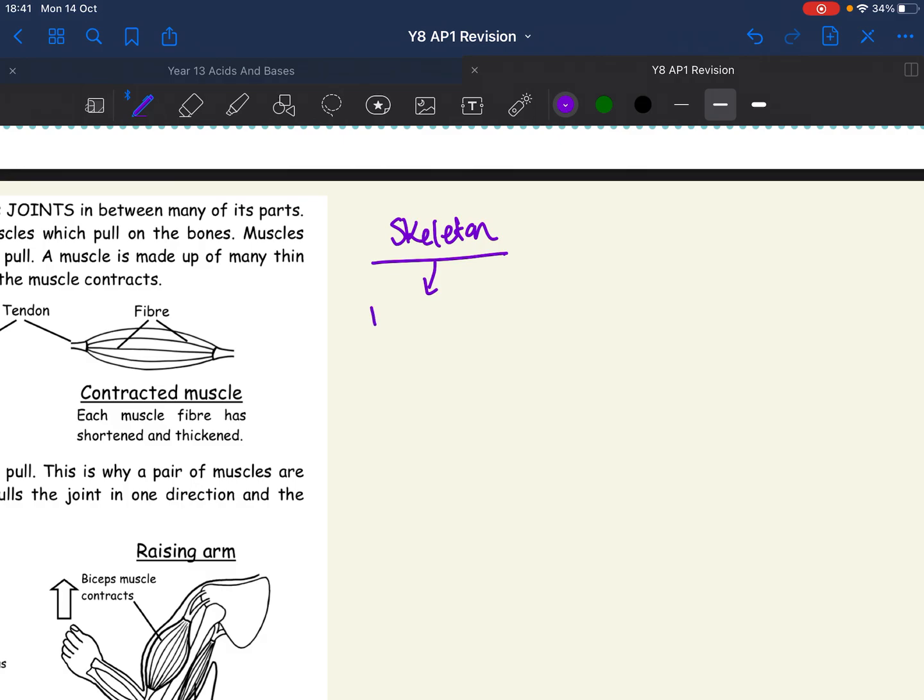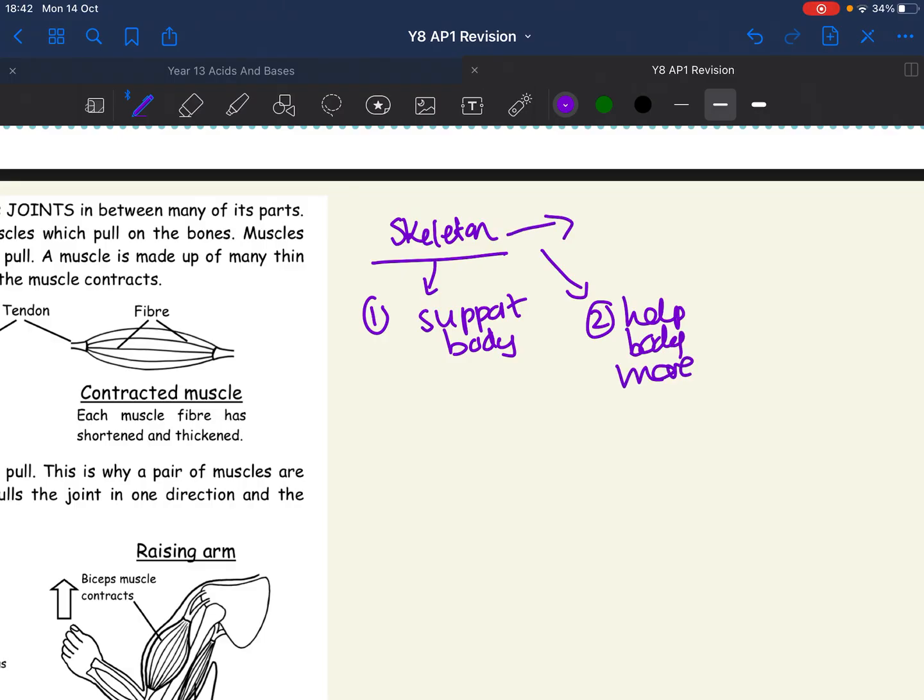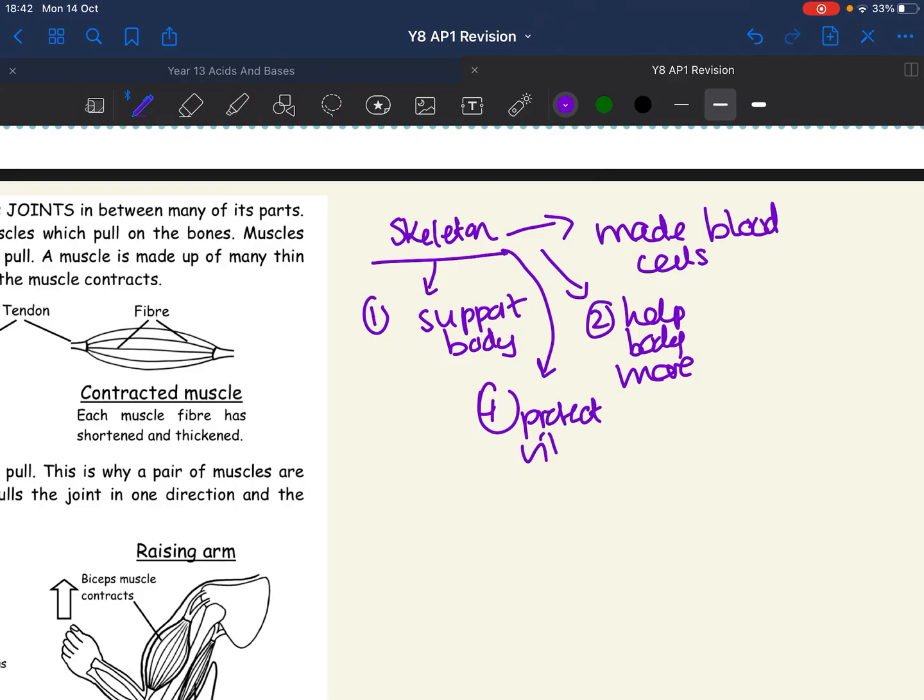The four main functions of the skeleton are: 1, to support the body; 2, to help the body move; and 3, to make blood cells in the bone marrow; and lastly 4, to protect vital organs. So these are the 4 functions of the skeleton.